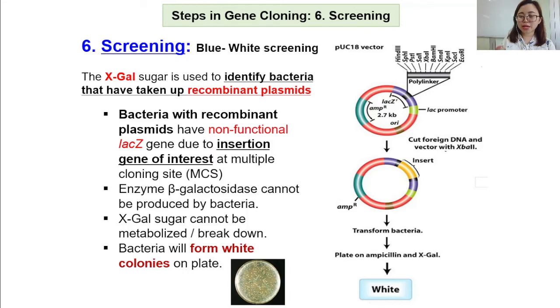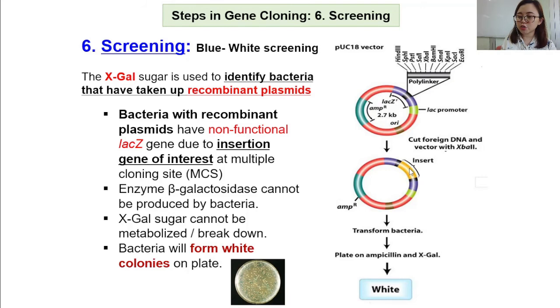If your bacteria did not take up the normal plasmid but instead took up the recombinant plasmid, okay? If your bacteria has a recombinant plasmid with the gene of interest inside, it will have a non-functional LacZ gene due to insertion of gene of interest at the multiple cloning site.